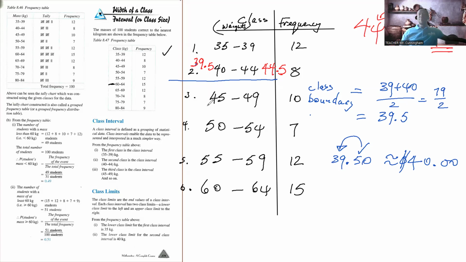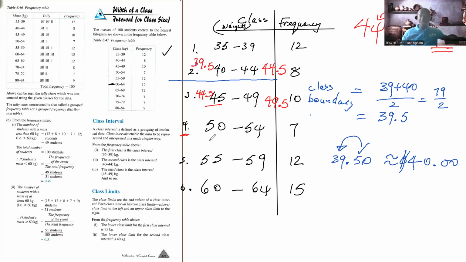Now, the lower boundary for 45 will be 44.5. So if I add 1, I'll get 45. And the upper boundary will be 49.5. All right, so let's ask some people. For the fourth limit, Theodora, what do you think will be the lower limit?